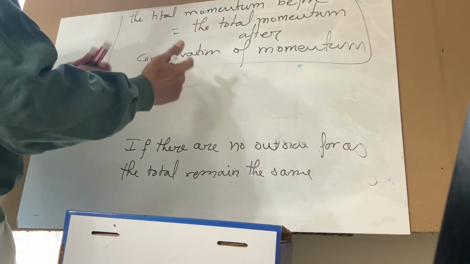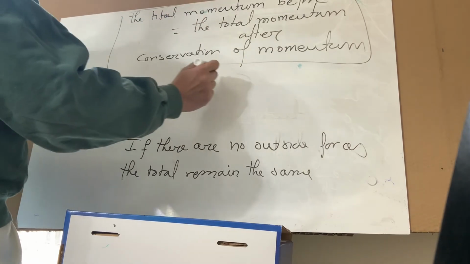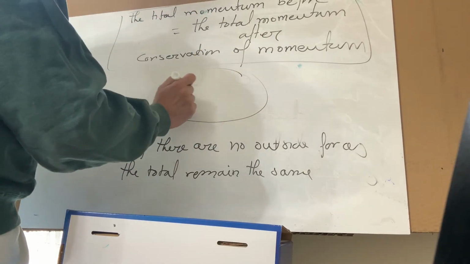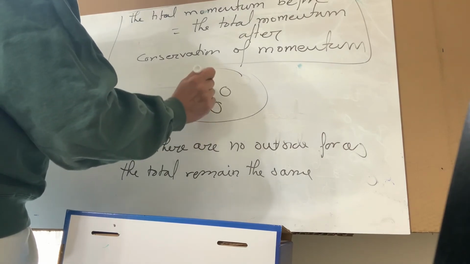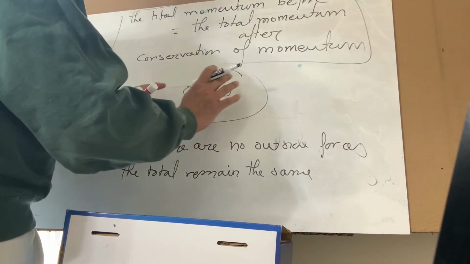I just showed two forces. In a system, you could have objects that hit each other, right? There can be more than one object in the system.